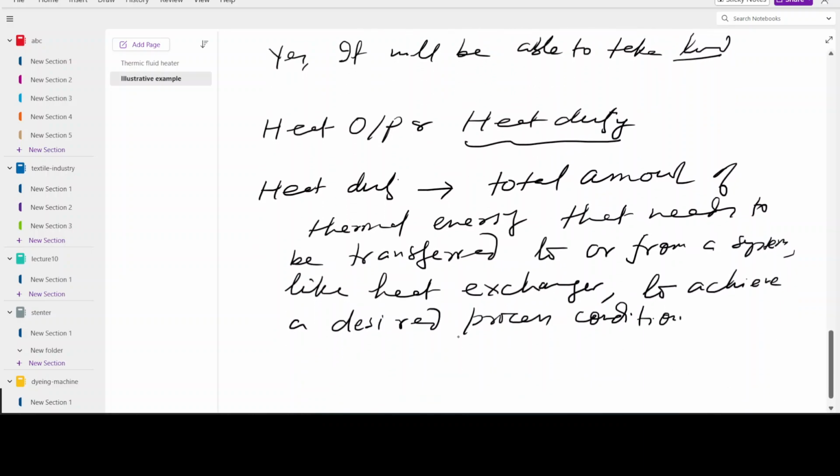Desired process condition means desired temperature and pressure.